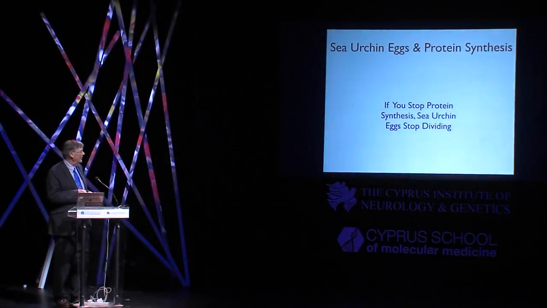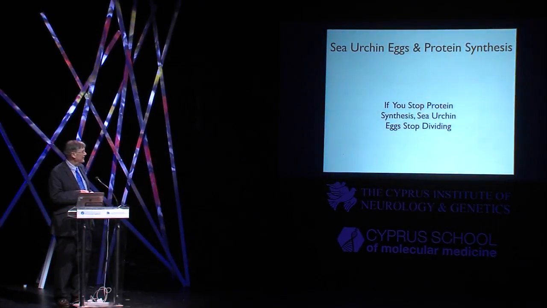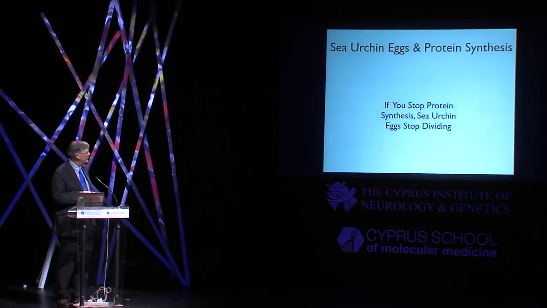But funnily enough, nobody really paid attention to that, because everybody knew that cells normally have to make new proteins to divide because they have to double in mass. But this is a case where actually they don't double in mass, they halve in mass each time they divide. And that really simple logic was not borne in on me until I thought about it and worked there for quite a few years.